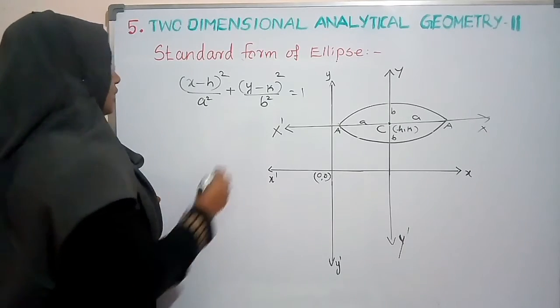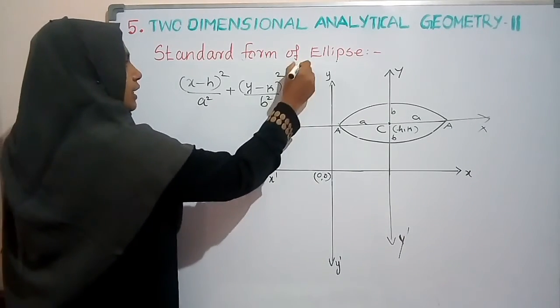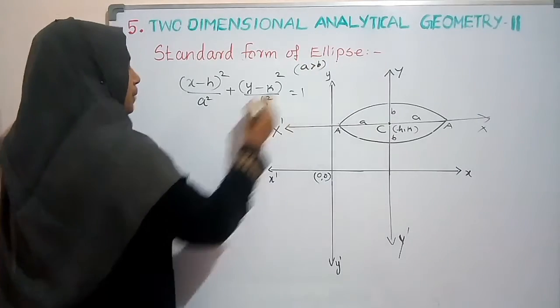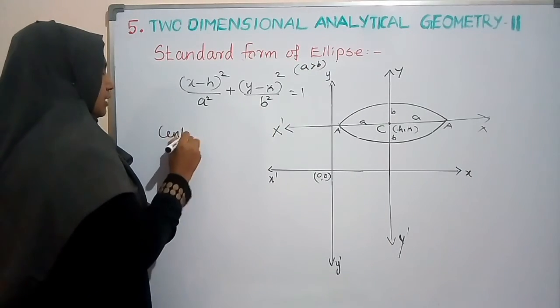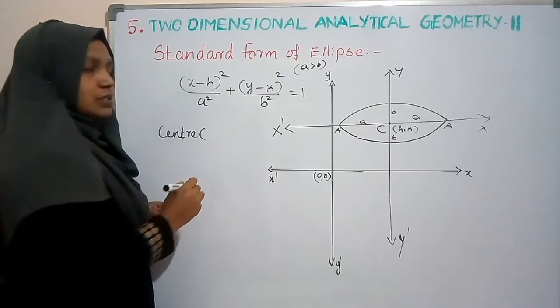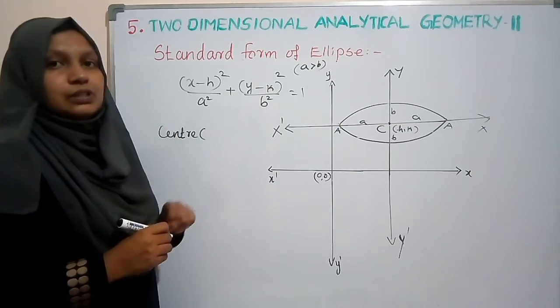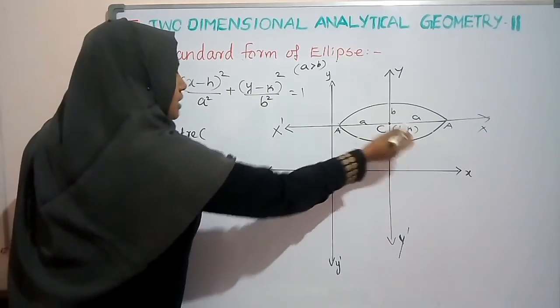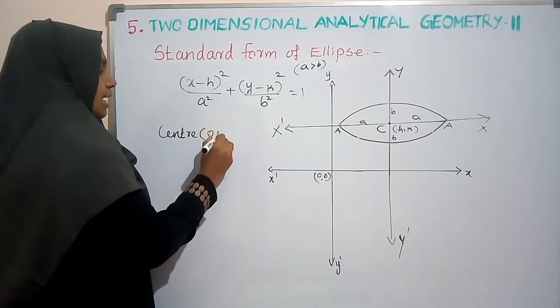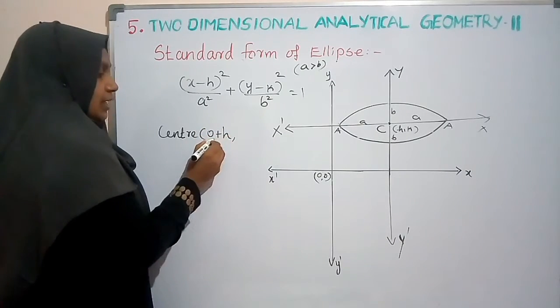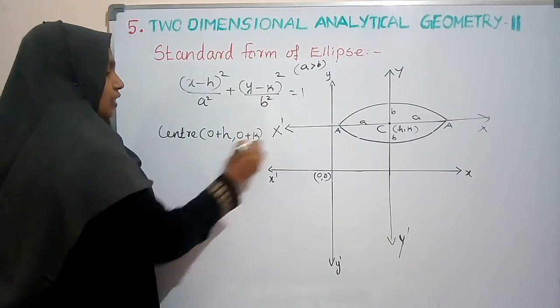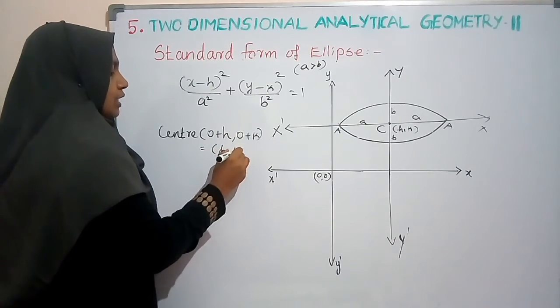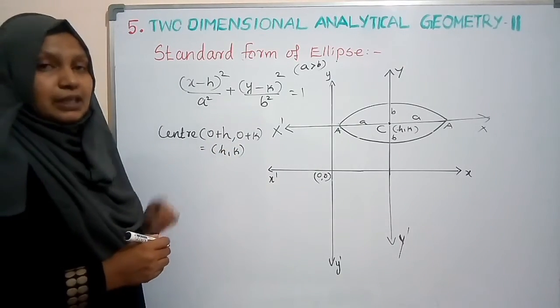And here also a is greater than b. We learnt that the center of the ellipse is 0, 0 for the first one, and here now it is h, k. So just add h with the x coordinate and k with the y coordinate. So we are getting the new center as h, k.